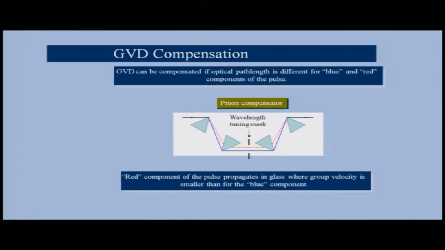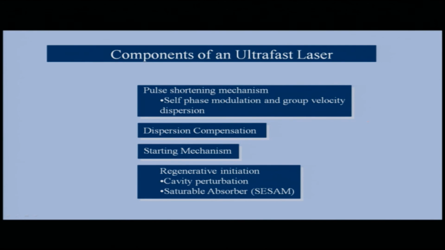The compensator can be as simple as a prism compensator. This is the bandwidth part where we are making sure it can be compensated. So, it goes through these prism systems where the amount of linear frequency chirp is compensated by this process.